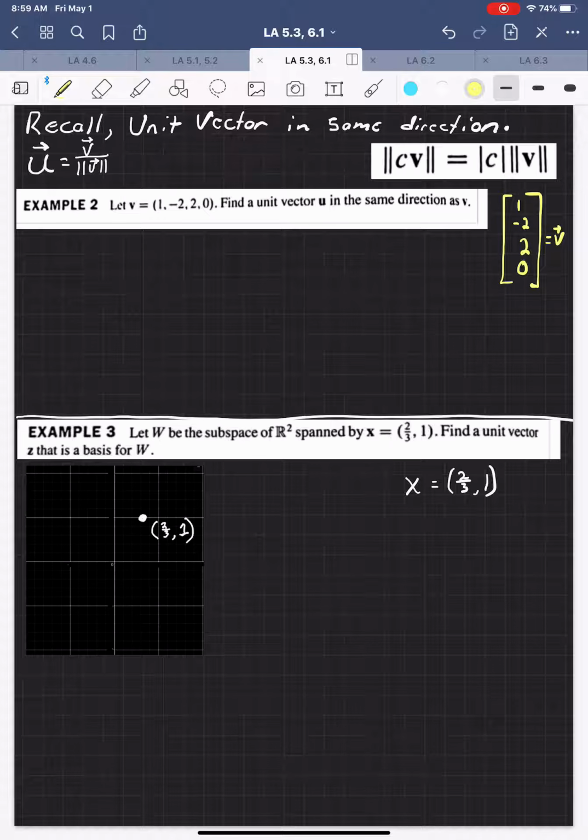Well, we want to write u equals, and let's go ahead and revisit the definition, right? We would need vector v, which we have. That's no problem. And we would need the magnitude of v. All right, well, let's start with the magnitude of v squared.